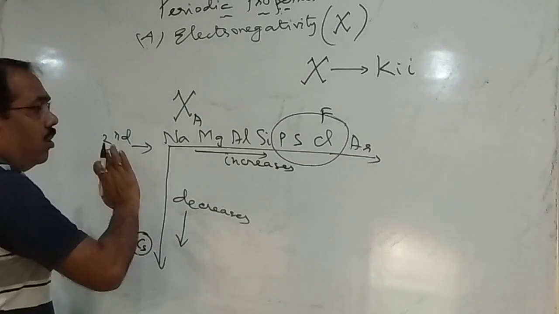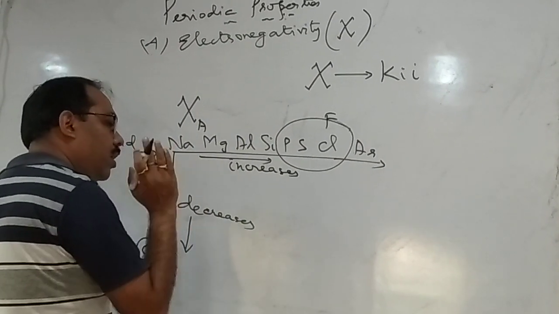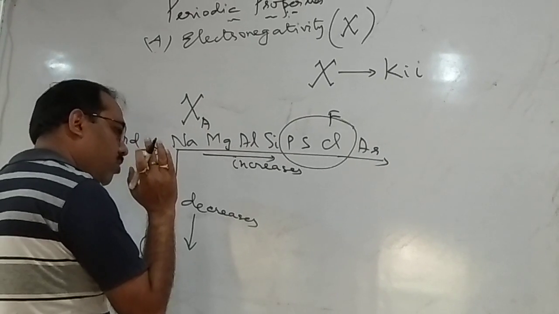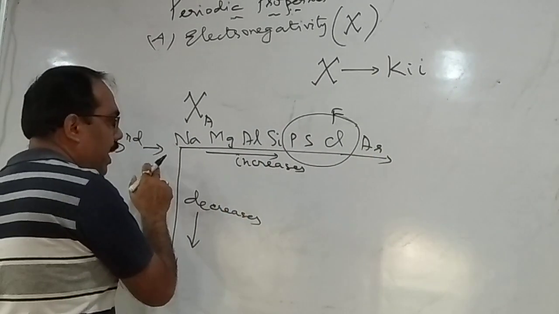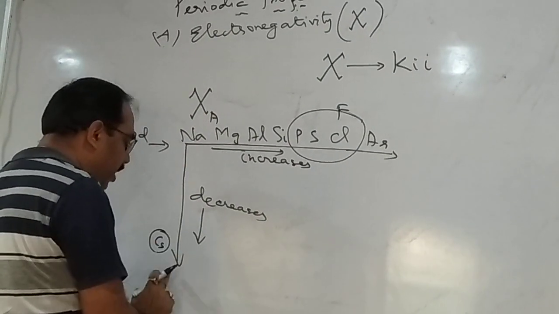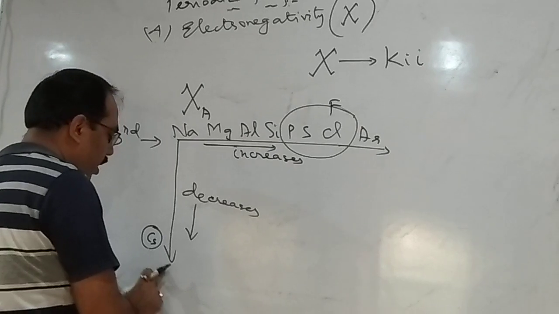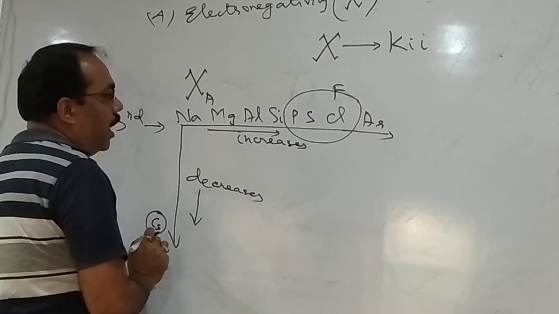So we have finished the periodic properties: ionization energy, electron gain enthalpy, electronegativity, and metallic and non-metallic character. Metallic character decreases across the period and increases down the group. The highest metallic character is in francium.